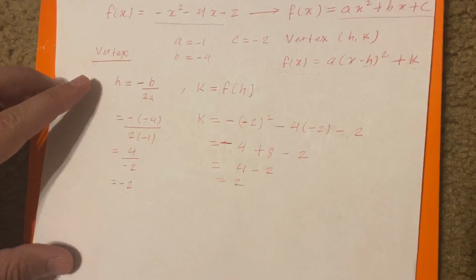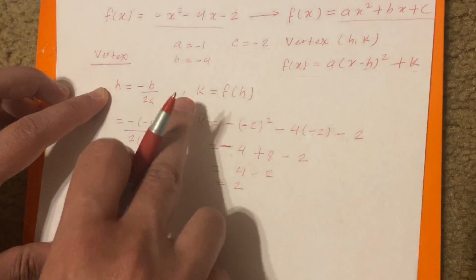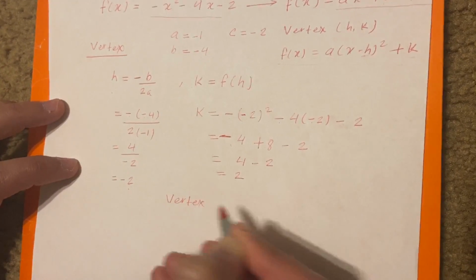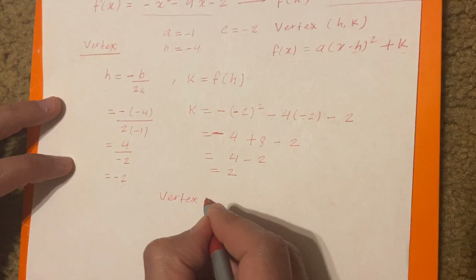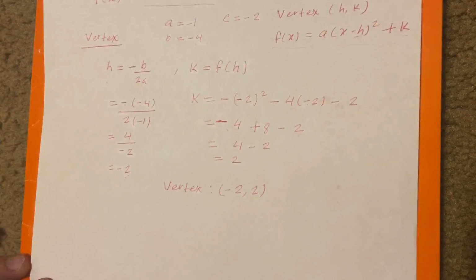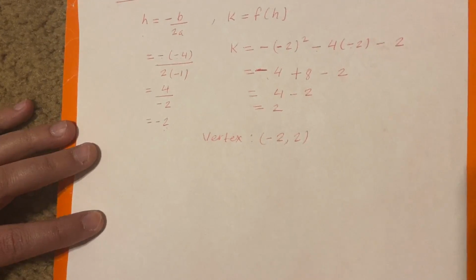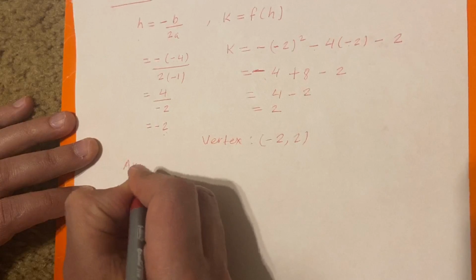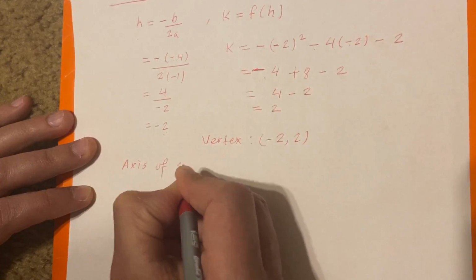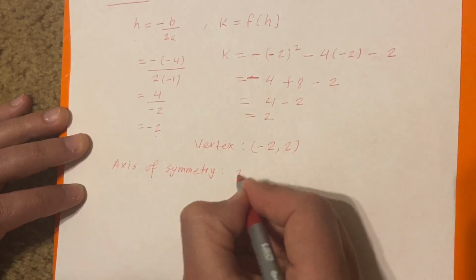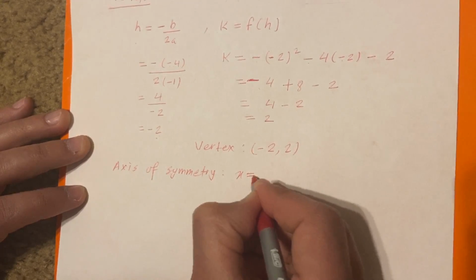All right, so we got the value of h, we got the value of k. That means we get the vertex, which is -2, 2. All right, so like I said before, the axis of symmetry is x equals h.